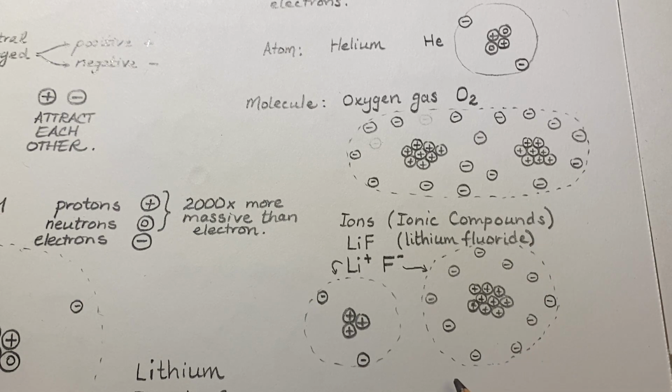Another example of an ionic compound is table salt, and that is sodium chloride. It's similar actually to lithium fluoride, except the sodium is +1, just like lithium is +1, and the chloride is -1, just like fluoride is -1. Okay, very similar in that way.